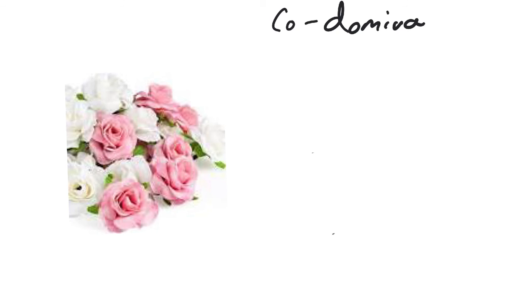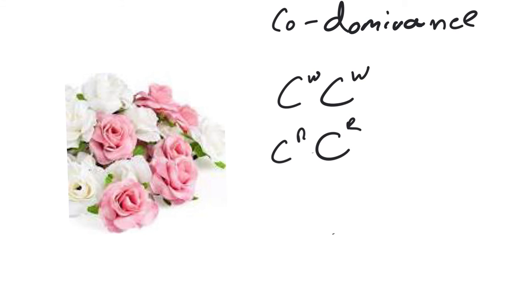So this time, let's say we take a white rose, and we take a red rose. You notice how I haven't used a single letter, but I've superscripted some letters for the colour. Because if we were to use the same single letter we used before, it would become too complicated. So this time we use a letter, for example here C for colour, and then we put a superscript of red or white.